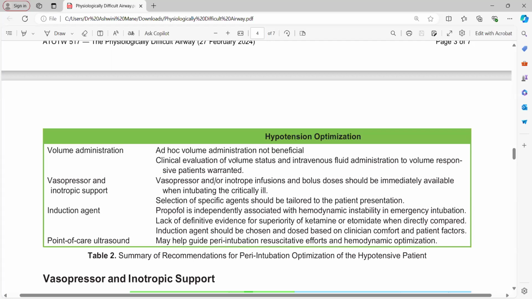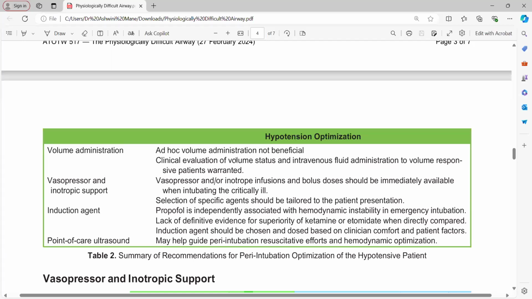So first is volume administration: clinical evaluation of the volume status, and intravenous fluid administration to volume responsive patients should be done. Then the next is the use of vasopressor and inotropic support. Vasopressor and inotropic infusions or bolus doses should be immediately available when intubating critically ill patients. Selection of specific agent should be tailored to the patient presentation.